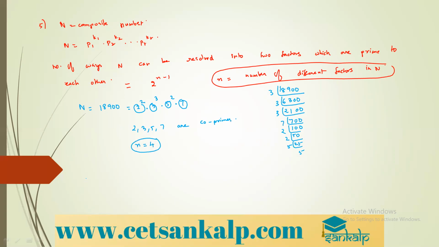So n is 4. That means if you want to write the number of ways N can be resolved into 2 factors, with the addition that these factors are co-primes, the number of ways is 2 power n minus 1.